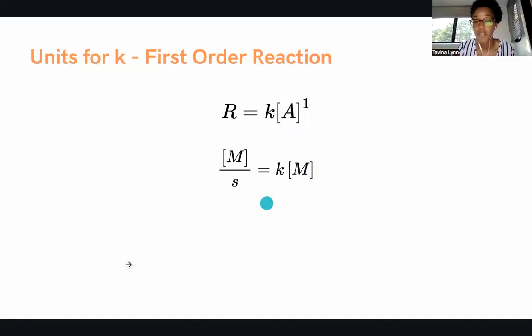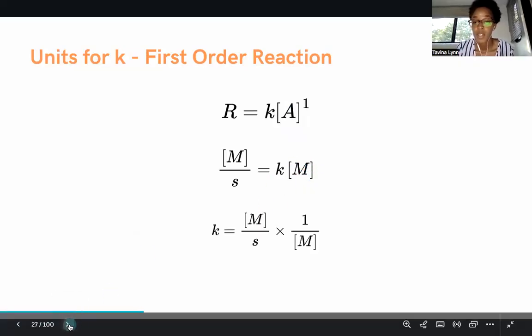We solve for K. If I divide both sides by molarity, I'm going to end up with K equals 1 over seconds. So our units for K is 1 over seconds.